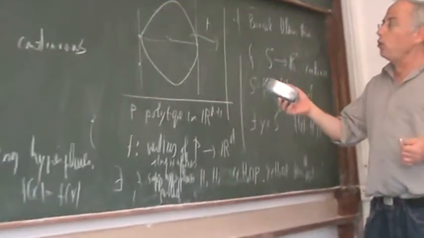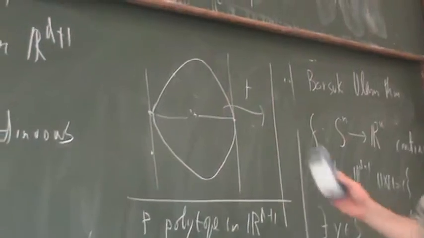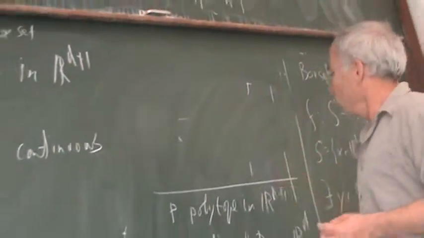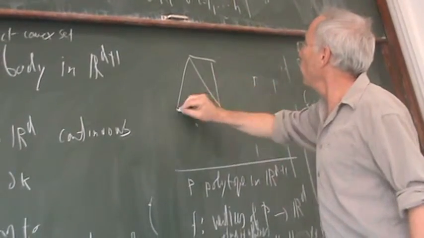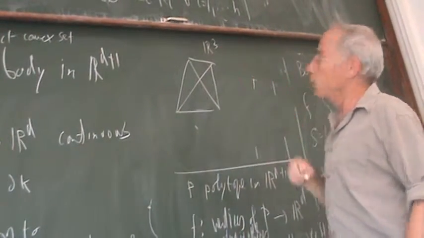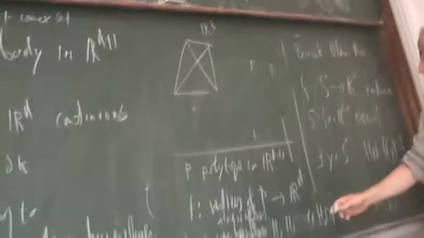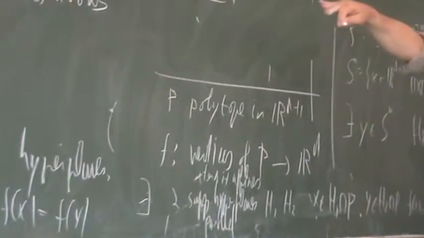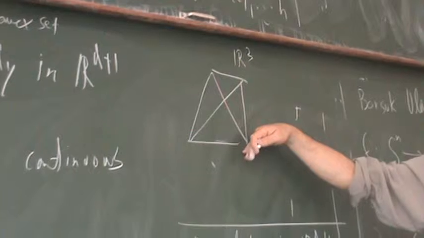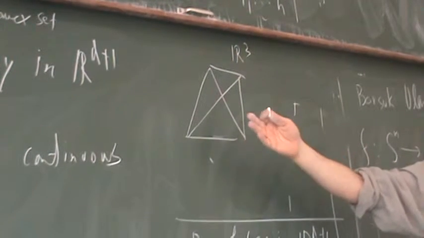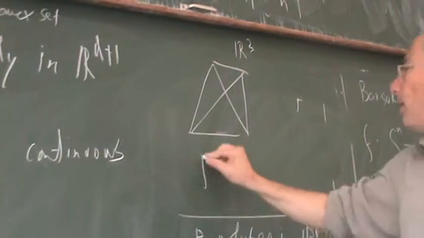Now, if this polytope happens to be the simplex, say in R^3, the tetrahedron, then what does it mean to have these two supporting hyperplanes? They correspond to disjoint faces of the simplex, and this precisely corresponds to a partition of the vertices.